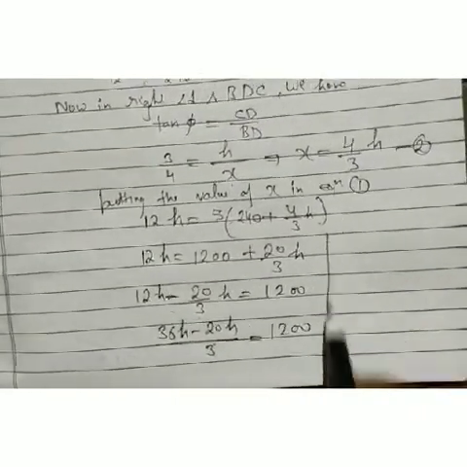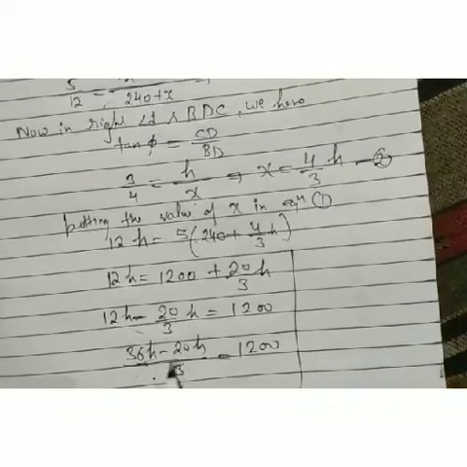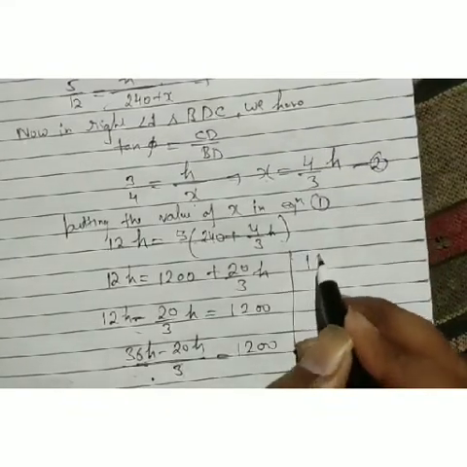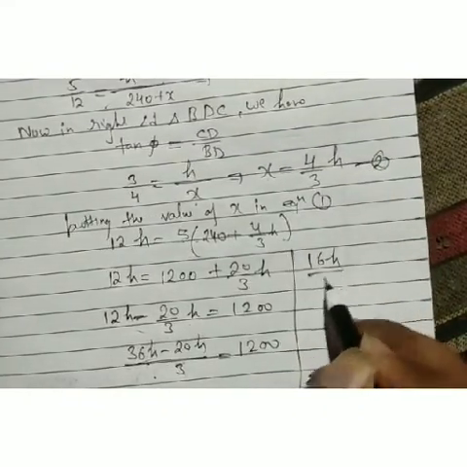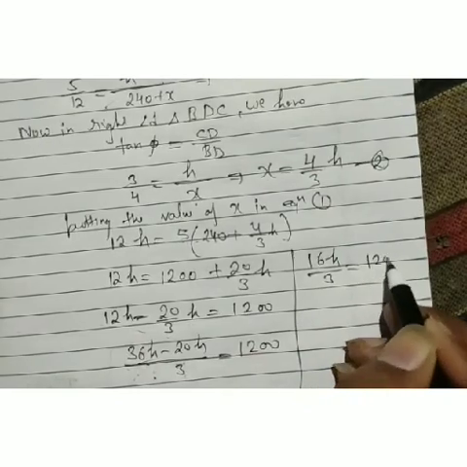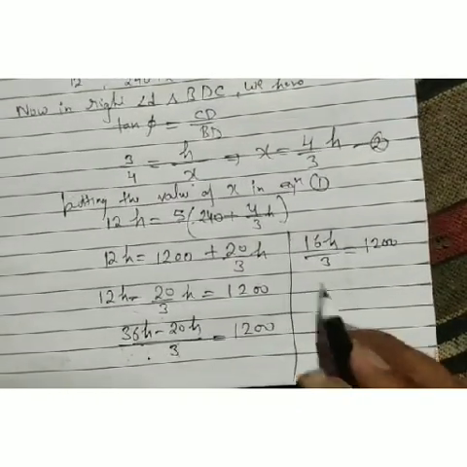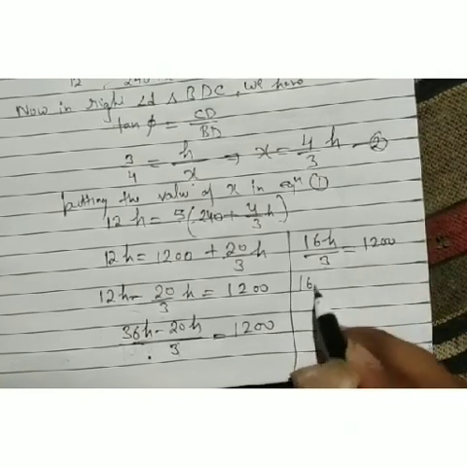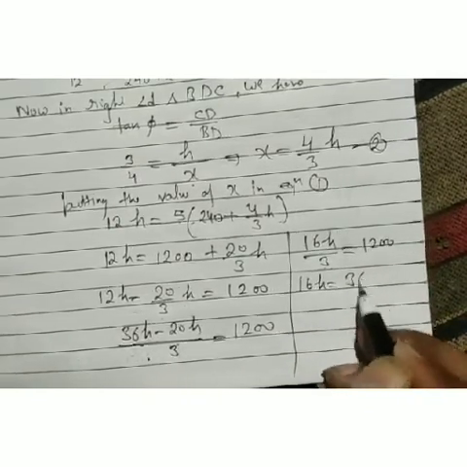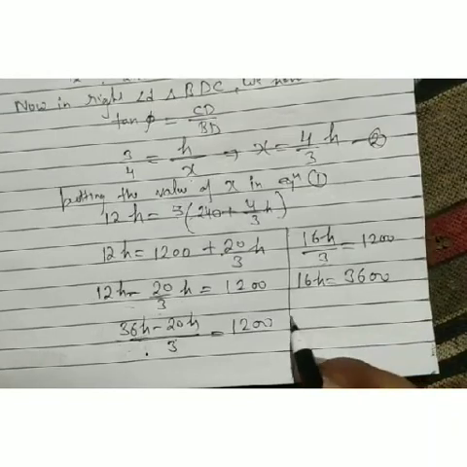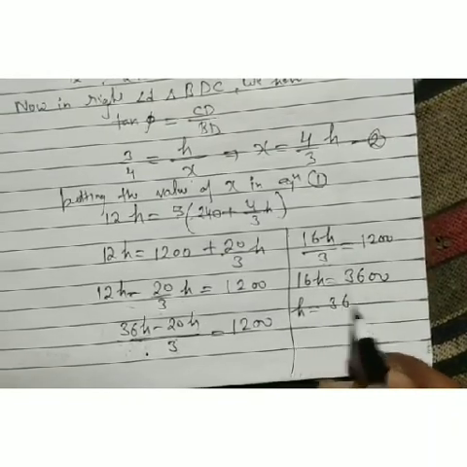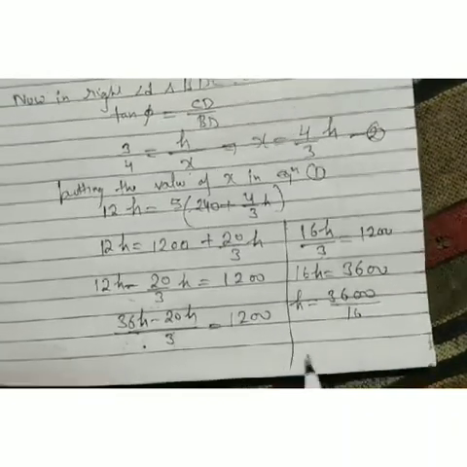Then what do we have? We get 16h by 3 equal to 1200. Then multiplying by 3, 16h equals 3600. Then h equals 3600 divided by 16.